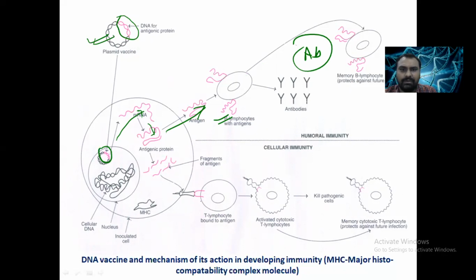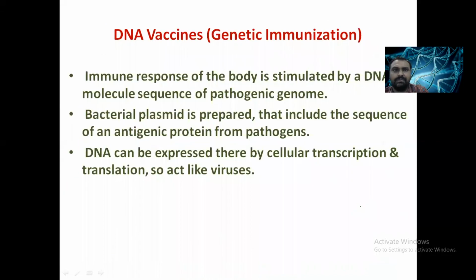Also, these protein fragments are taken up by our MHC system and T lymphocytes, which ultimately kill the pathogenic organism and make memory cells, so that next time we can fight against the virus or any antigen. So the immune response of the body is stimulated by the DNA sequence of the pathogenic genome. Trials are going on for the coronavirus COVID vaccine also, and it works on the same principle.